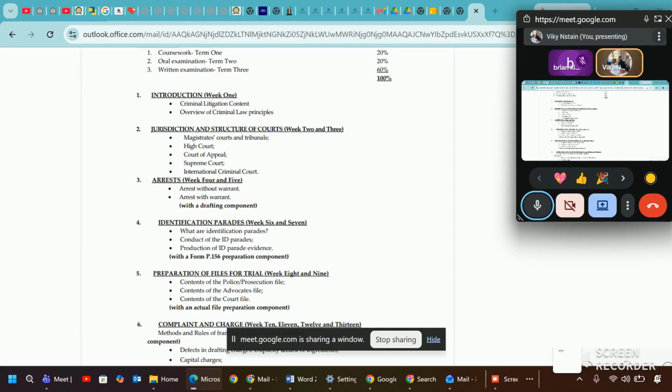O. The parade shall be conducted with utmost fairness, otherwise the value of the ID parade as evidence shall be nullified. And lastly, no police officer shall be used as a witness in an ID parade unless a police officer is the accused or suspected person.